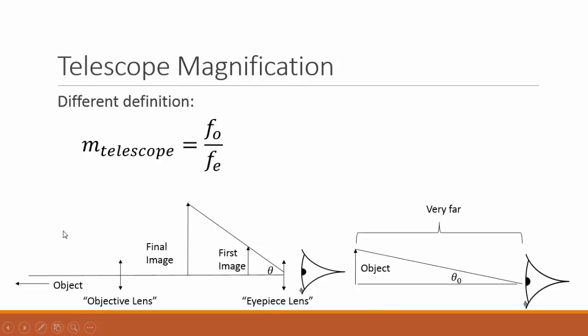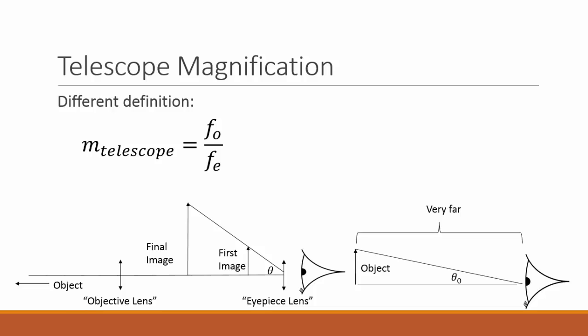Since the object's very far away, the image from the first lens, the objective lens, shows up at its focal point. And in order for the image from the first lens to create a second, final image that is very far away again, so your eye can see it nice and relaxed, that first image has to be at the focal point of the eyepiece lens as well.